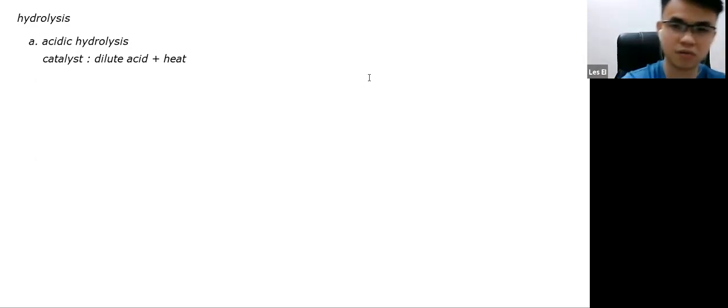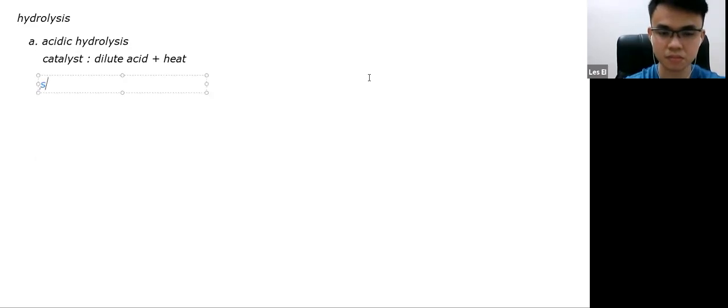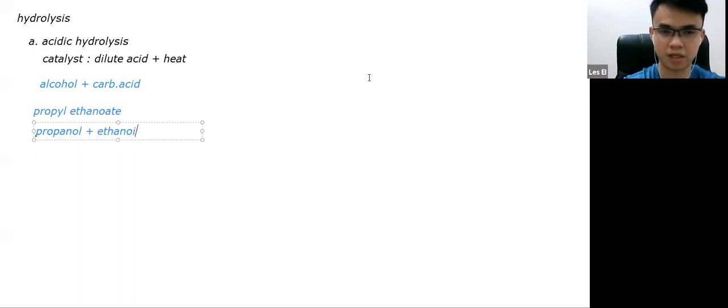If you do it backward, it will give you alcohol and carboxylic acid back. So for example, if I have propyl ethanoate, it will become propanol and ethanoic acid.